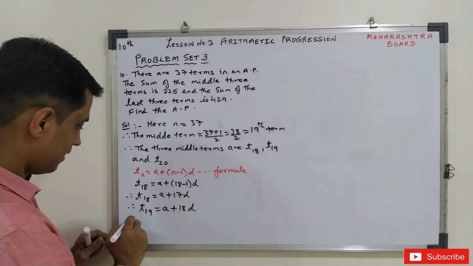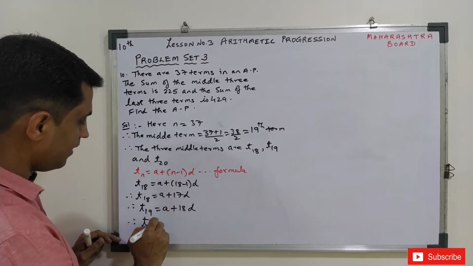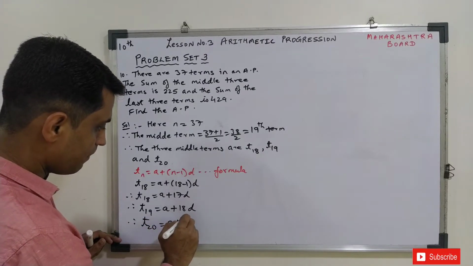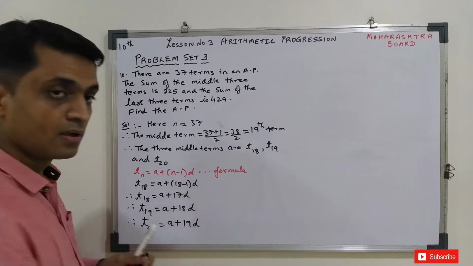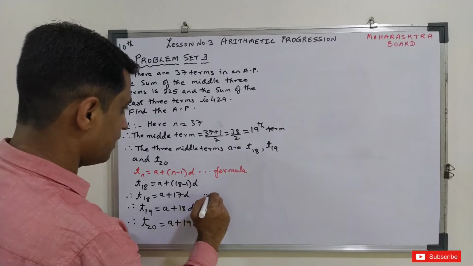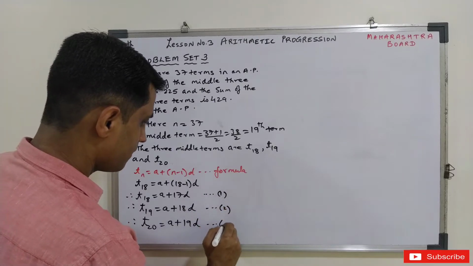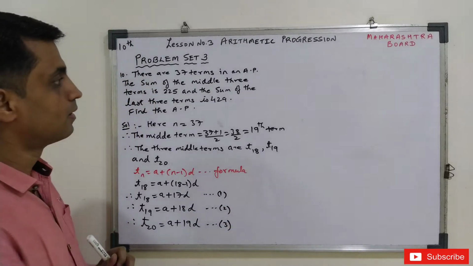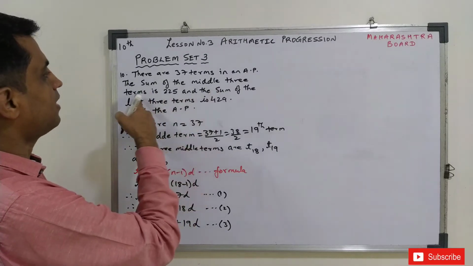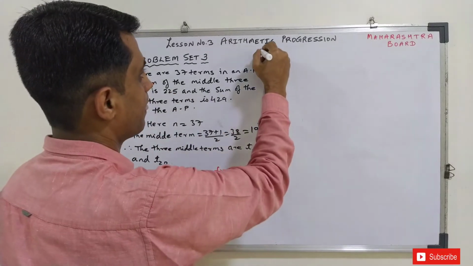For 19, 18 we will get. Therefore T20 will be A plus 19D. So you can put down the numbers here: 1, 2 and 3.